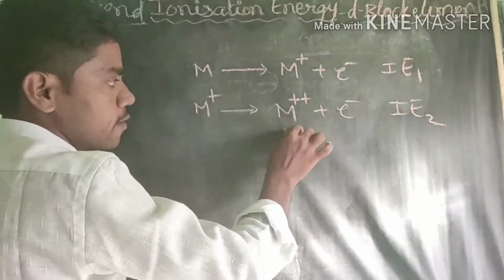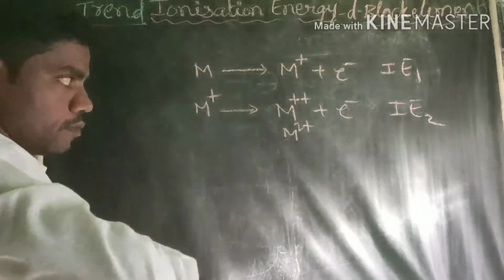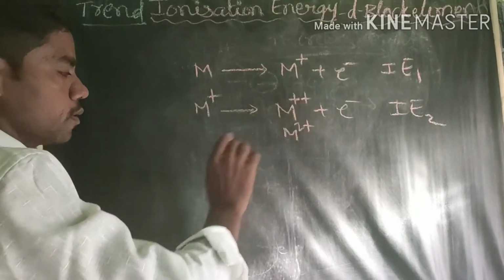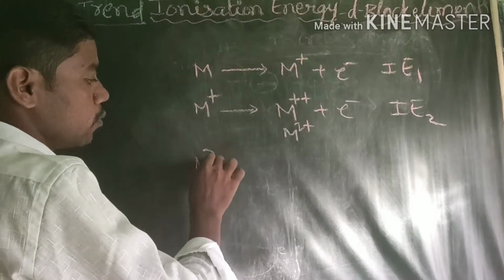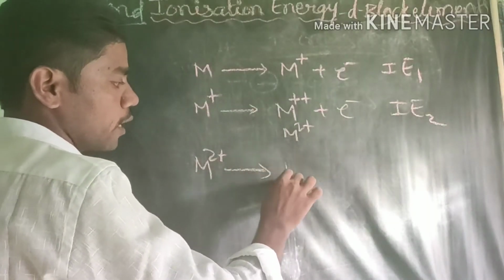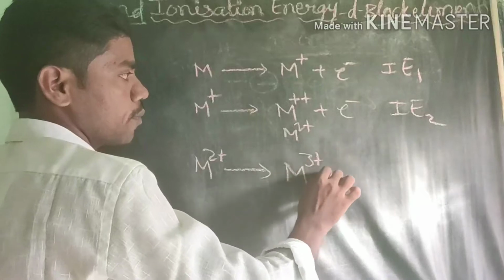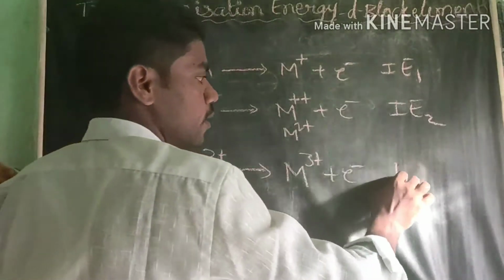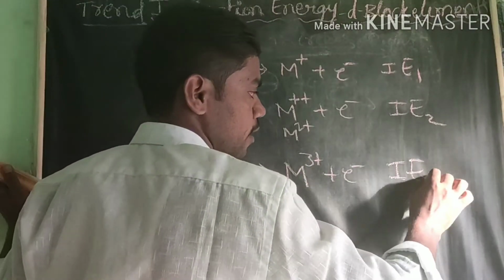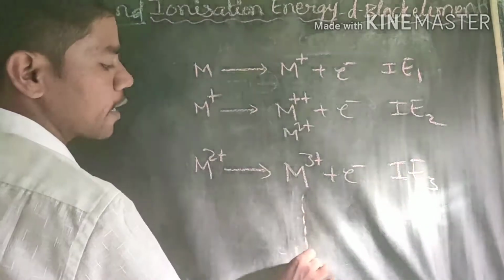This can also be written as M2 plus, no problem. From M2 plus, we remove one more electron to get M3 plus, and this is called the third ionization energy. Like this, electrons are removed in continuation.